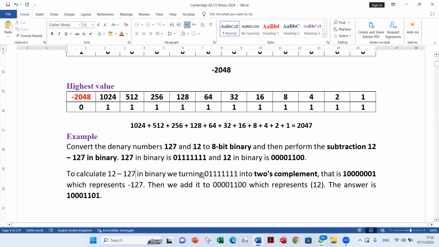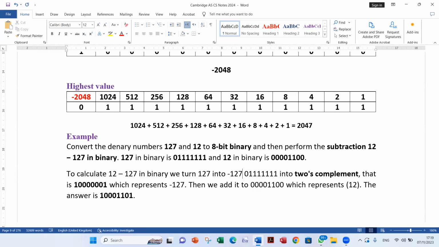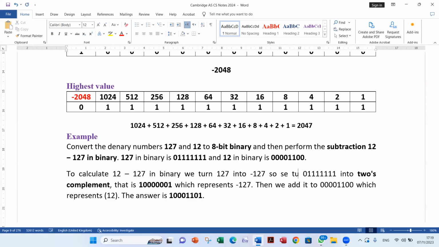We turn 127 into negative 127. So we turn this into a 2's complement. That is that.